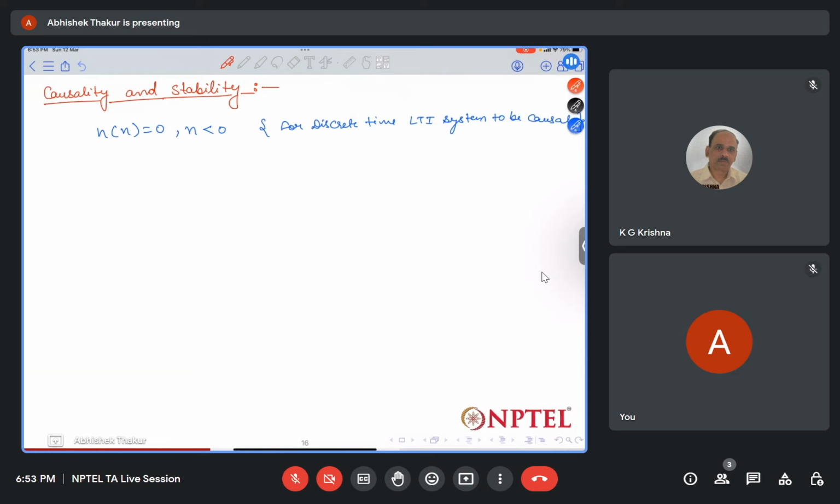So before that, we'll just write this definition: a causal discrete time LTI system is stable if the ROC includes the unit circle.